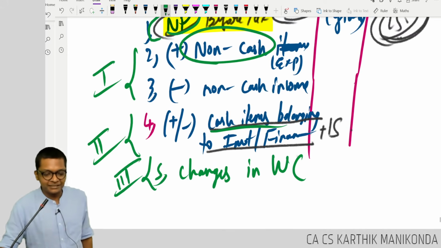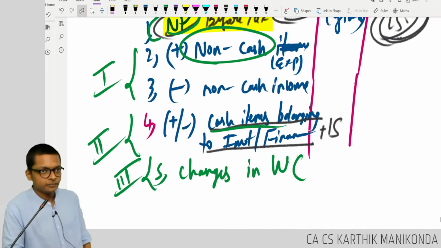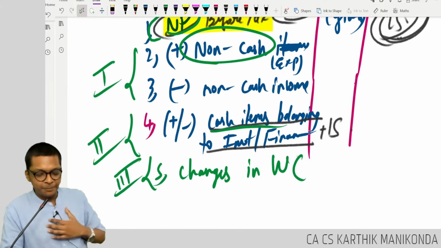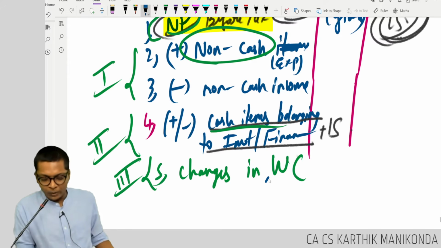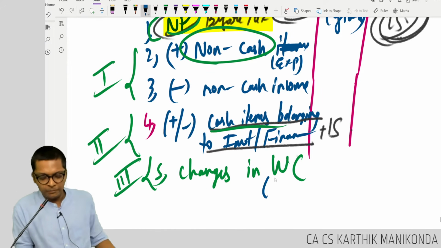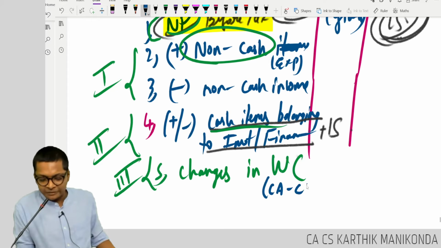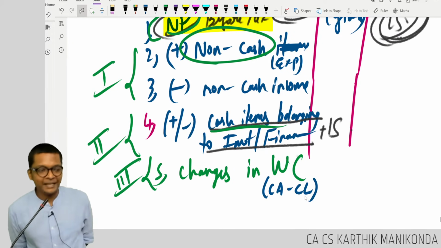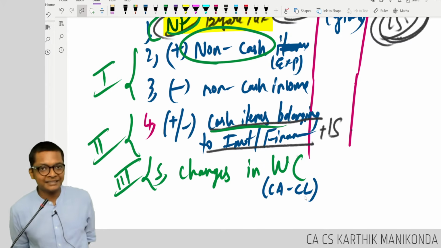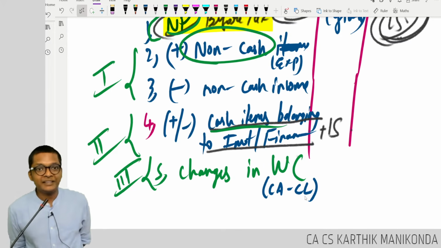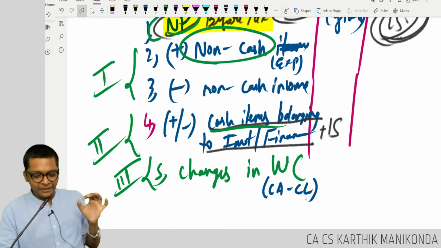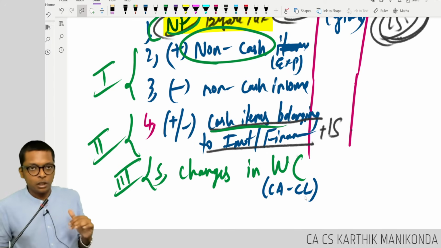In brackets, you can write down working capital, which you will learn in FM. Working capital is current assets minus current liabilities. In FM, you have a chapter called working capital management. Leave that. Working capital is current asset minus current liabilities.